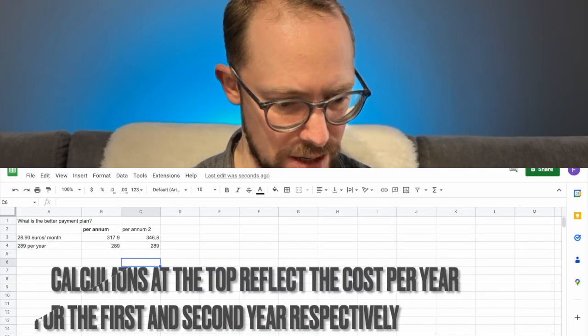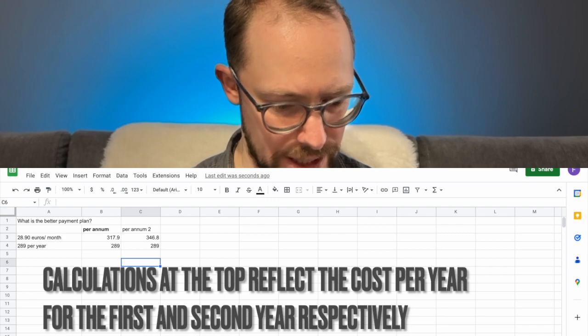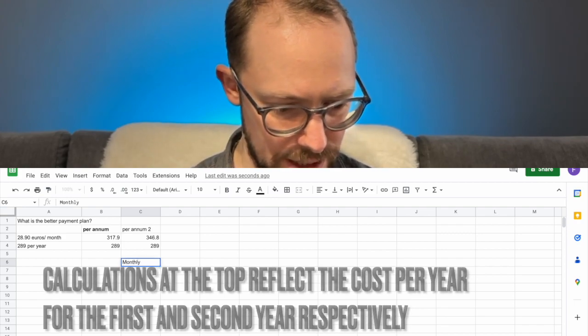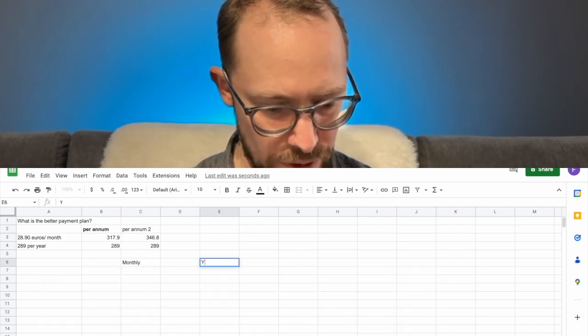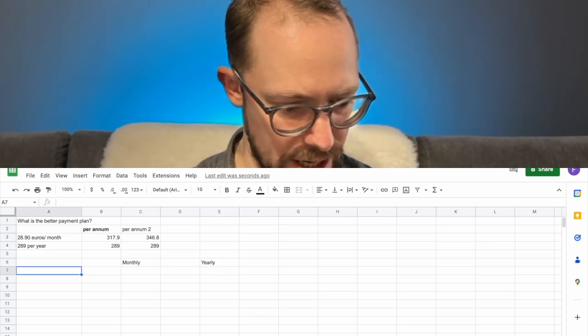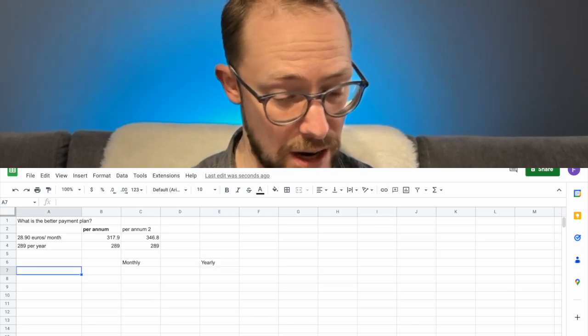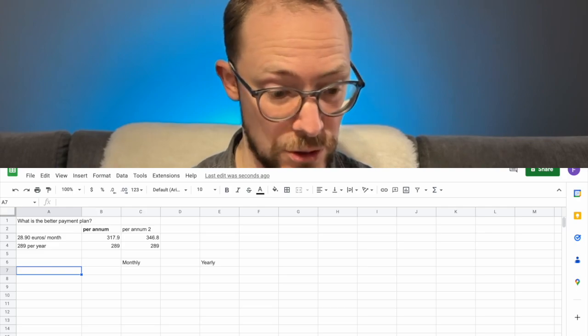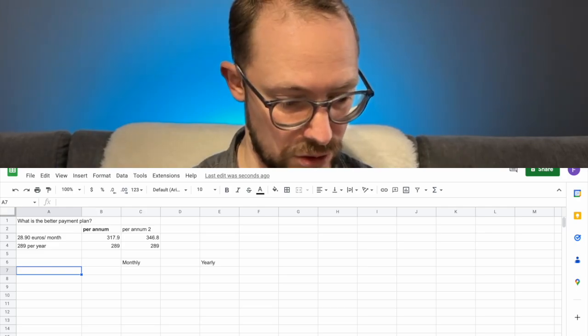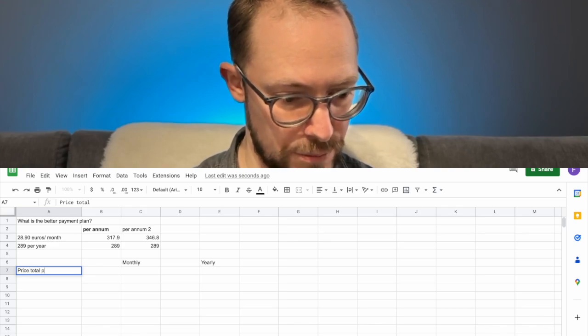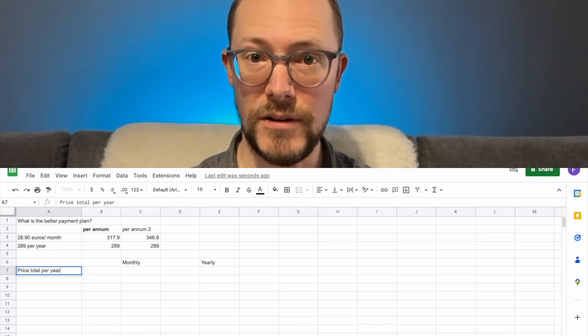We have a column for the monthly, a column for yearly, and then over here I'm gonna list a couple of factors that for me are important also in my decision making, because it's not just the price, right? Let's have a look. We have the price total per year, which we already calculated above.